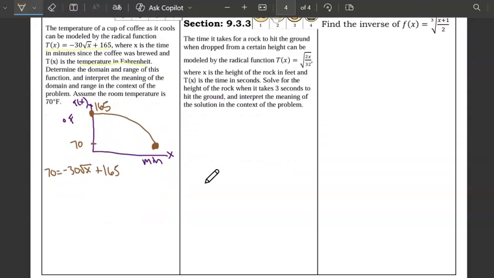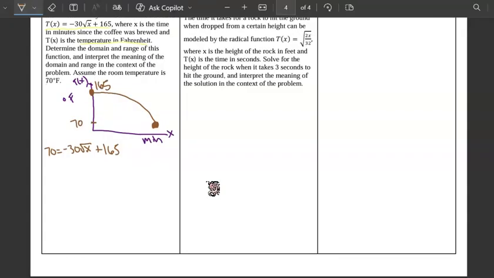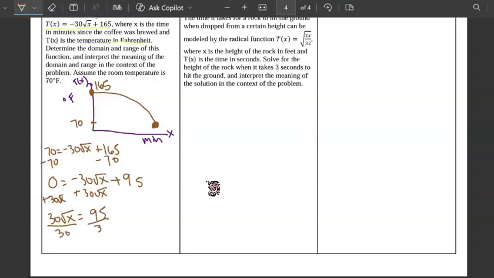All right, to solve for this, we're going to subtract 70 from each side. And then add 30√x to each side. Divide each side by 30.